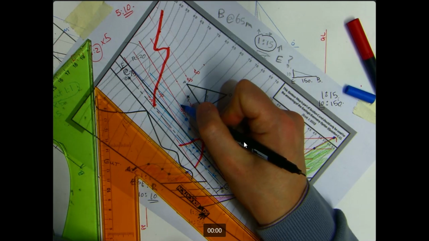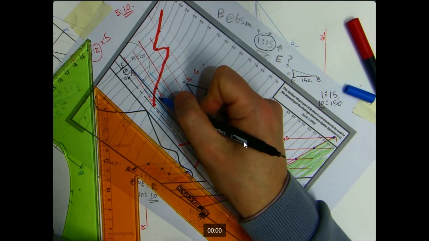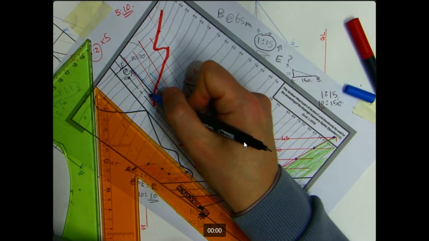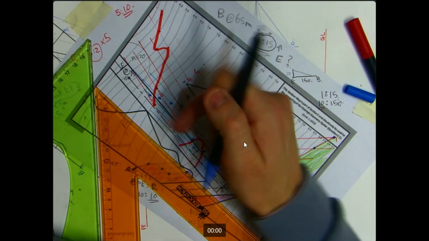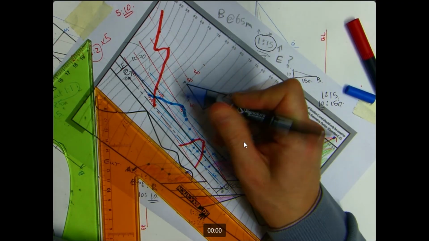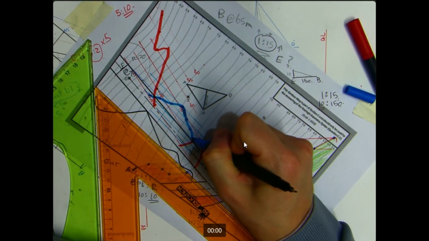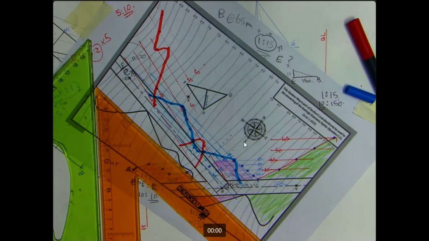Hits it there. Where does 85 hit 85? Hits it there. Where does 80 hit 80? Where does 75 hit 75? Hits it there. Where does 70 hit 70? Hits it there. And I have spoken to you before about overlapping lines, so you'll see it happening here where the red and blue overlap each other. Very important to have those overlapping lines.